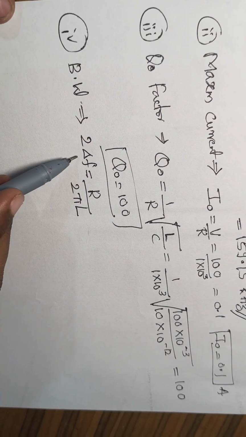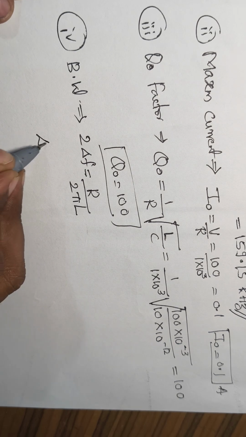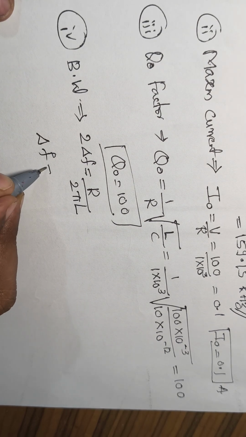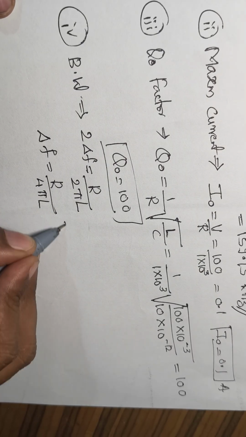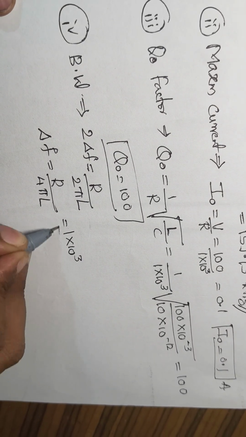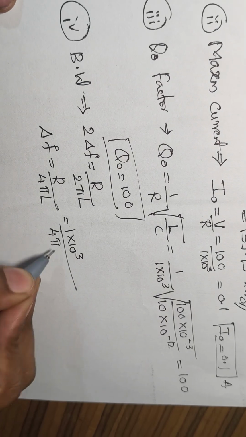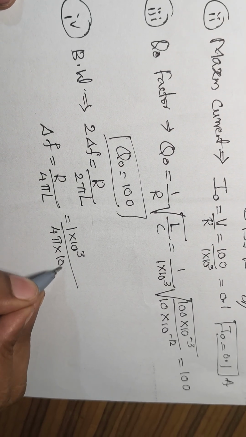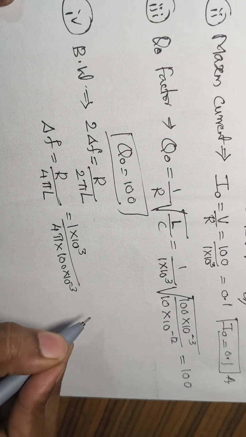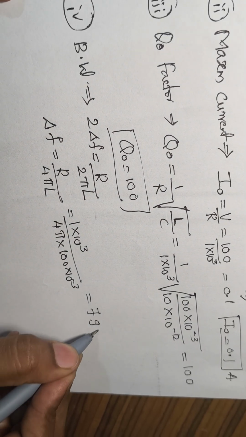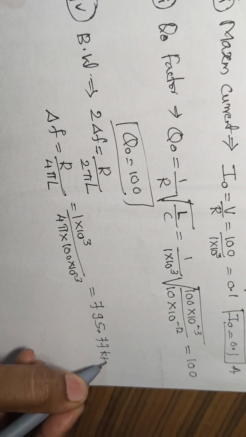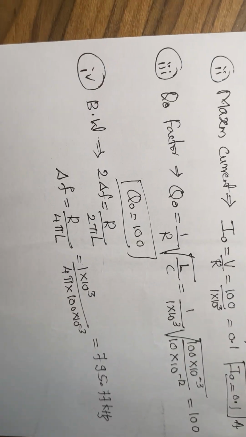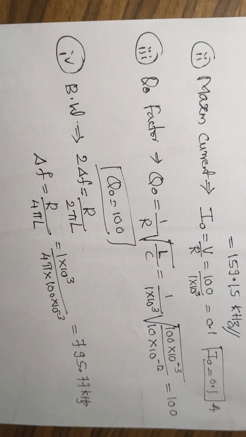Therefore, we can write delta f is equal to R divided by 4 pi L, that is 1 into 10 raised to 3 divided by 4 pi into 100 into 10 raised to minus 3. So you will get 795.77 kilohertz.